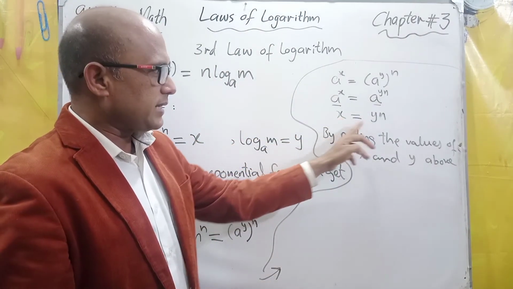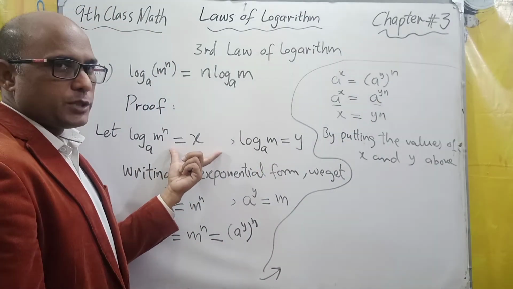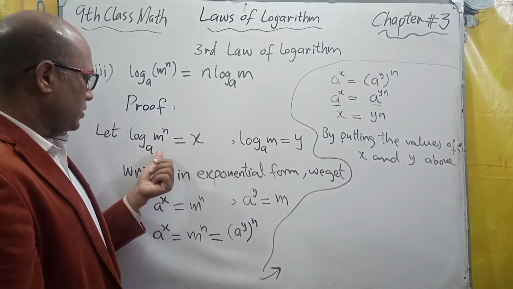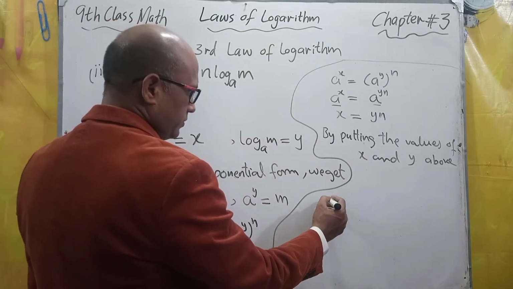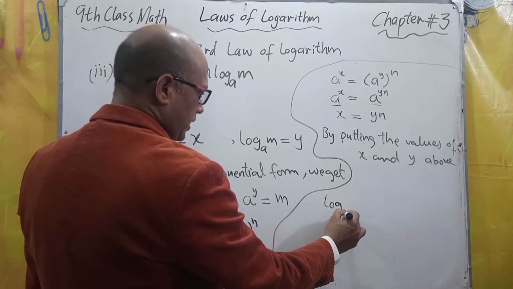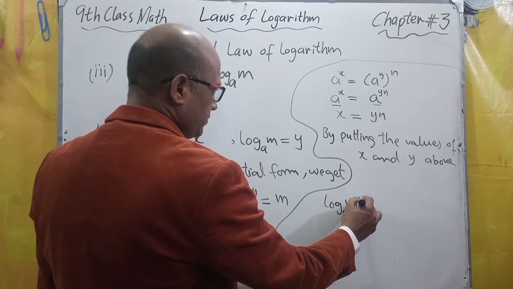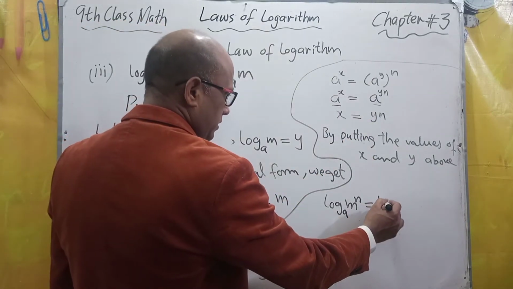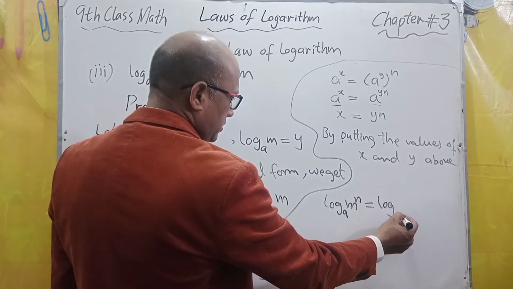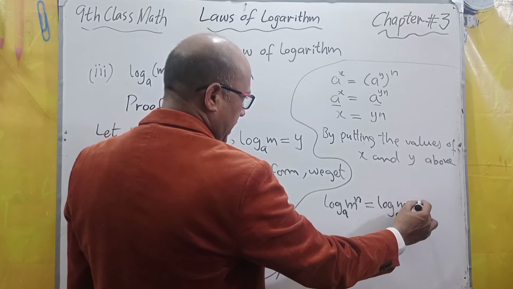In place of x and y, we'll write their values we supposed previously. So in place of x, we'll write this: log a of m power n is equal to, and in place of y, we'll write log a of m multiplied by n.